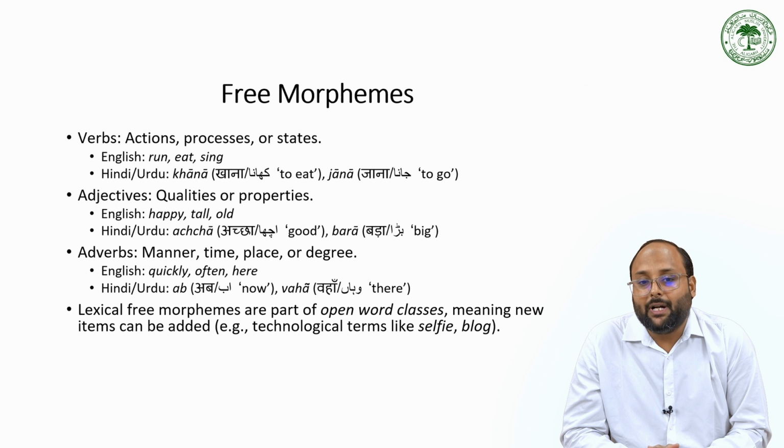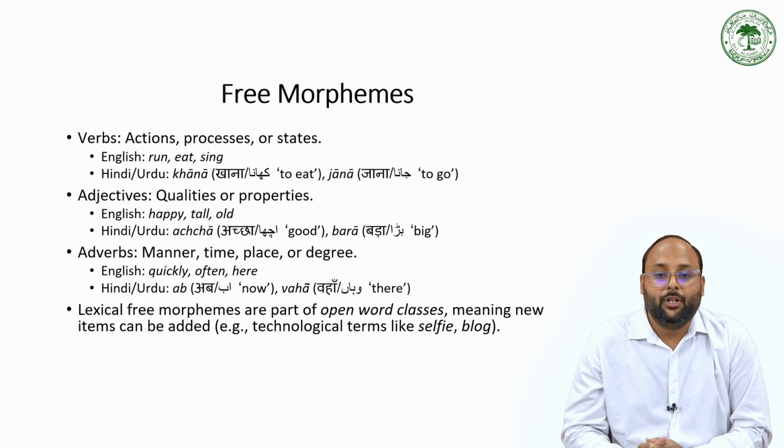Lexical morphemes are part of open word classes, meaning new items can be added. These lexical words can also be borrowed from other languages. So they are an open word class in any language.